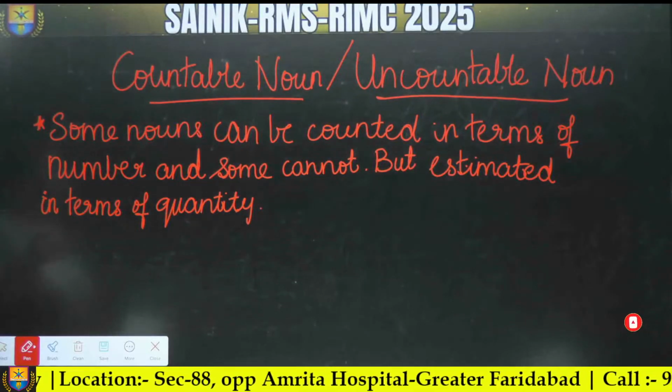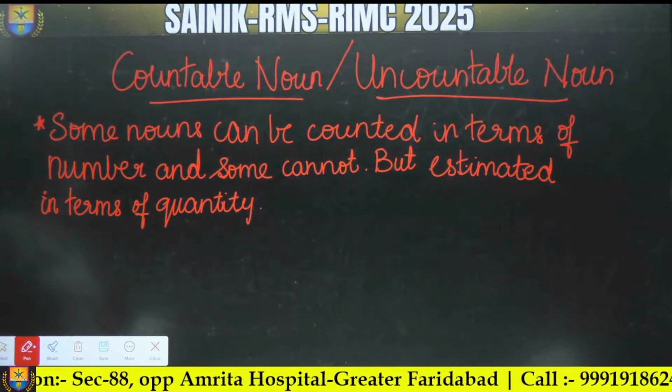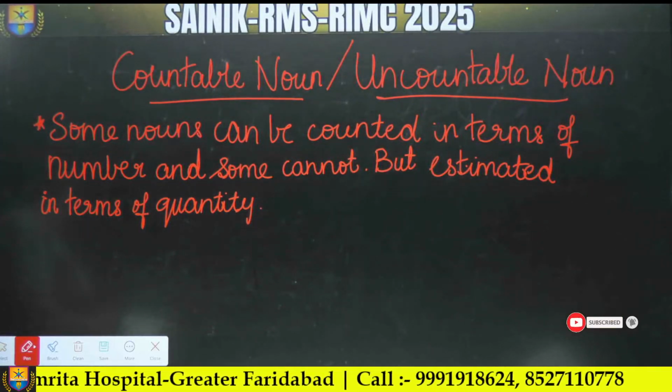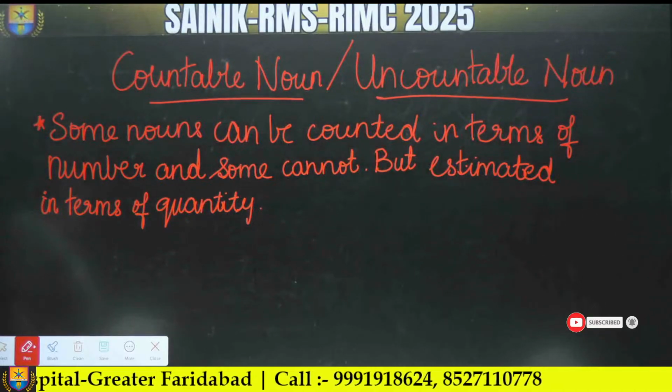Some nouns can be counted in terms of number and some cannot, but that can be estimated in terms of quantity.